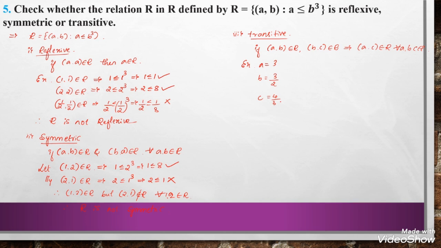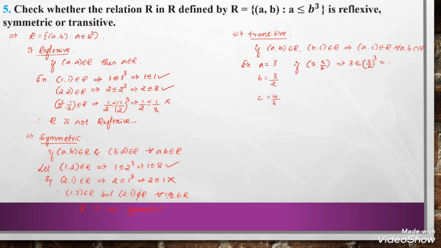Here, first condition, for the elements 3 comma 3 by 2: 3 is less than or equal to (3 by 2) cube.